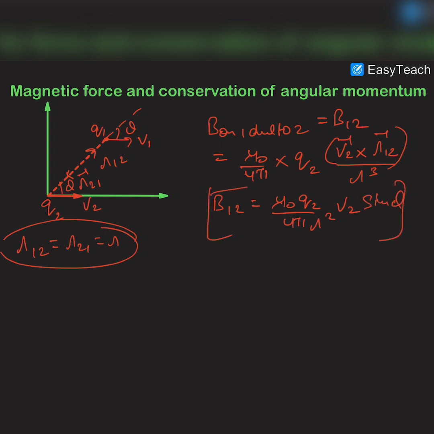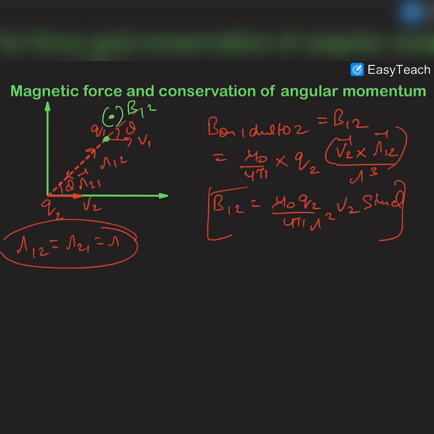The direction of this magnetic field will be outside the plane, so the magnetic field on 1 due to 2, B12, will be outside the plane.